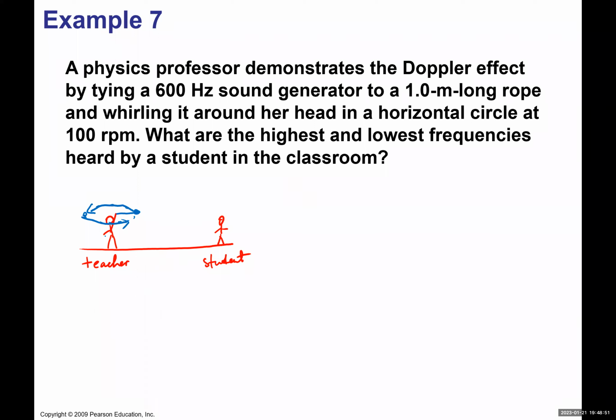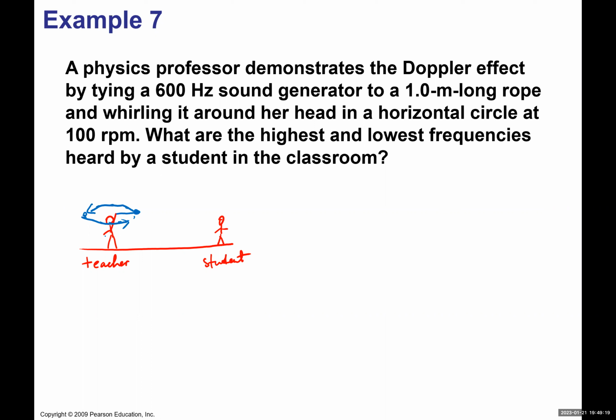The times when it's going parallel to the vision of the student don't count. But if the student sees the generator moving toward or away from them, then that's when you hear the Doppler effect, the apparent frequency change, right?